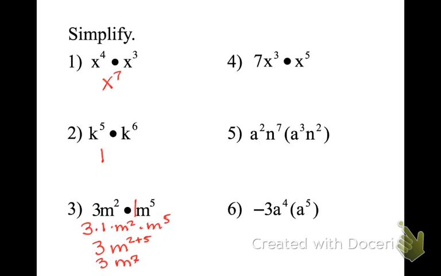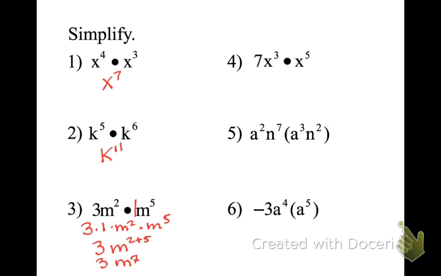It's mental math. K to the 11th. Say it again. K to the 11th. Okay, say 7x to the 8th. 7x to the 8th. Right. Say x to the 7th. x to the 7th. Okay, you guys have to speak your exponents correctly. To the. That's how we say them.